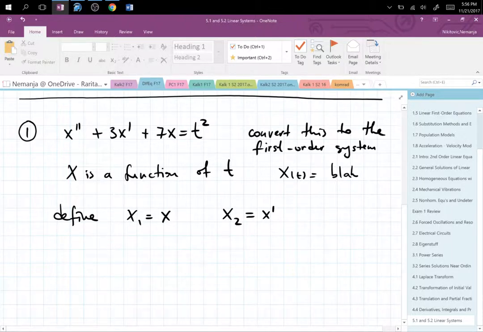So these are the two definitions that I make. Now, how do I know that I'm supposed to use two of these? Well, it's a second order equation, so I know that I'm supposed to define two. It's defined in a clever way because you're replacing x with x1, so that's 1 to 1, but then you have x prime with x2.